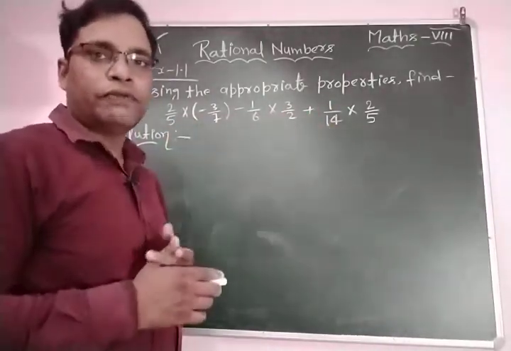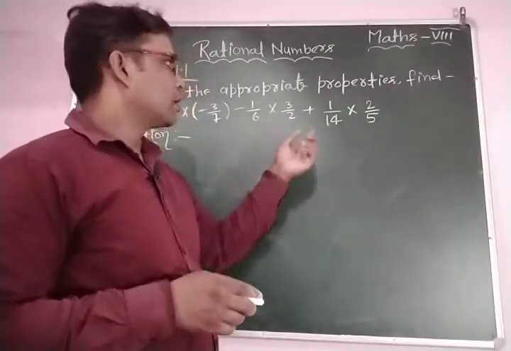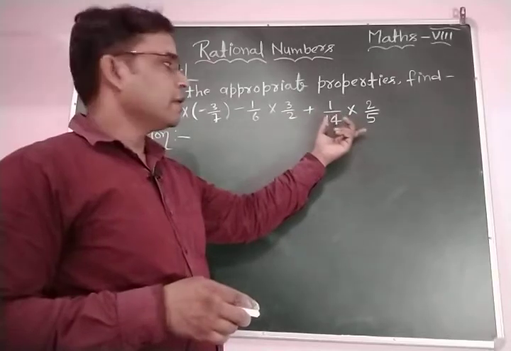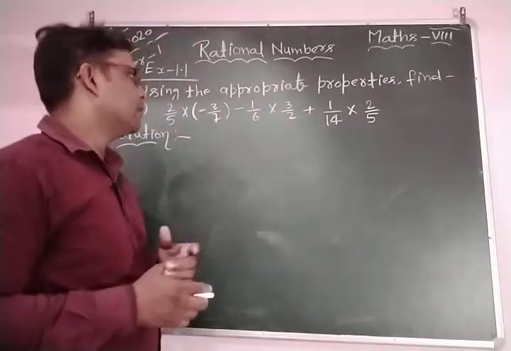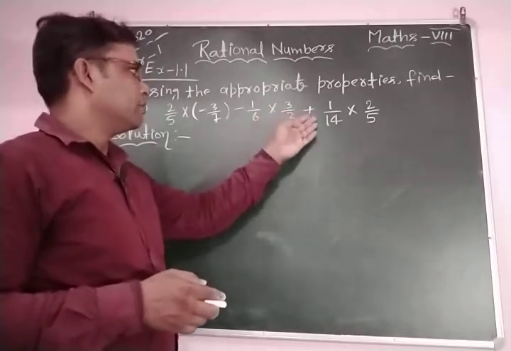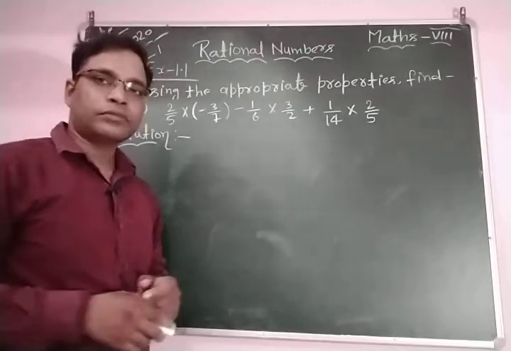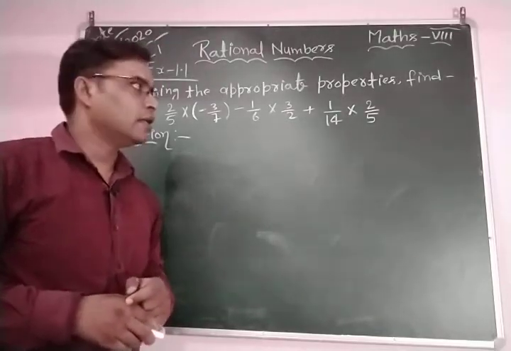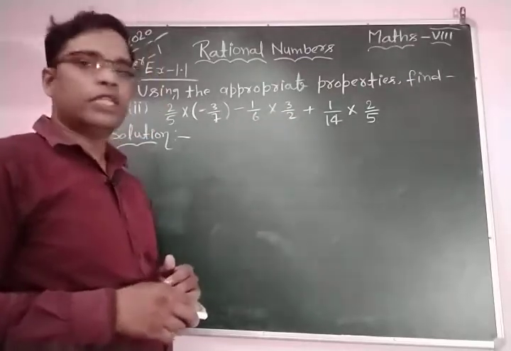Okay, so first we use commutative law of addition. Then you can write 2 by 5 into minus 3 by 7, plus 1 by 14 into 2 by 5, and after this we write minus 1 by 6 into 3 by 2.